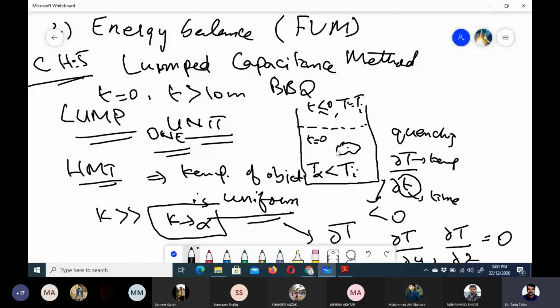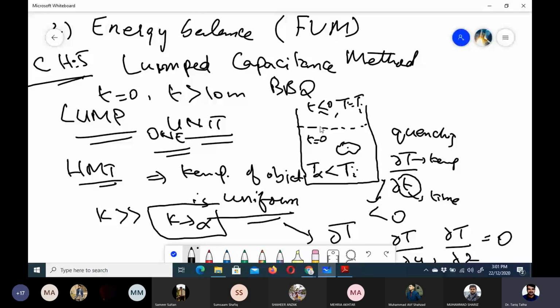So when we assume the lumped capacitance method, the temperature within that object is uniform, which means there is no gradient of temperature with respect to space.